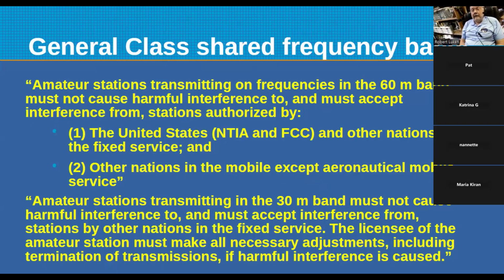So they're very particular about interfering with a primary user on those bands. So there's a reason they did those. There are questions regarding interference with primary users if you're a secondary. So remember, it's both the 60 and the 30.